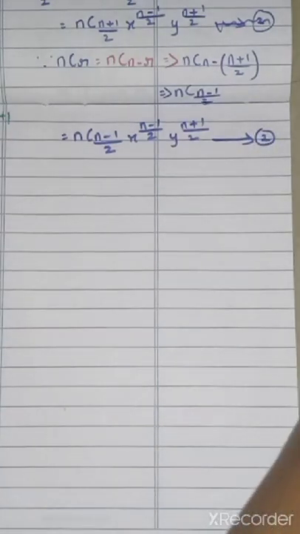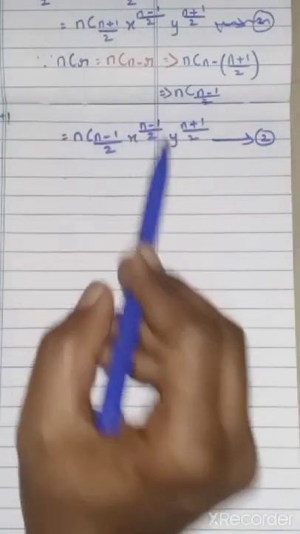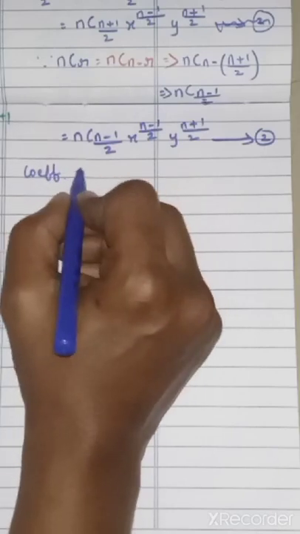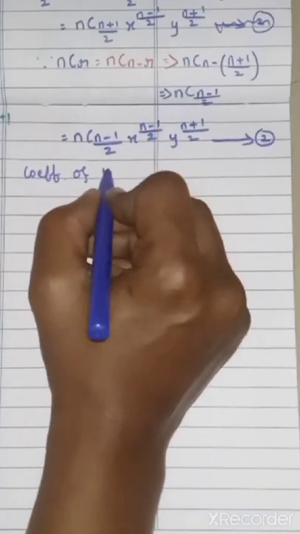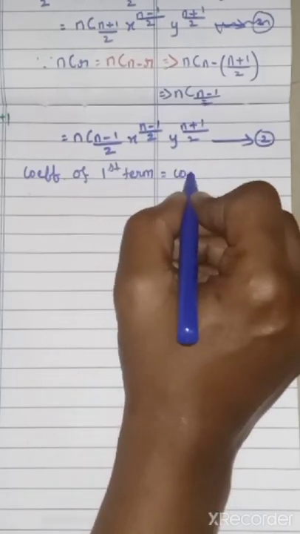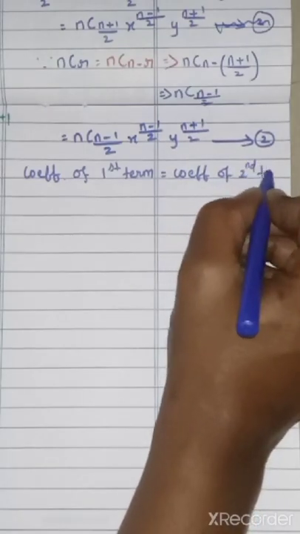Now compare your first equation and second equation. Are the coefficients equal? Yes. So the coefficient of the first term is equal to the coefficient of the second term, correct?